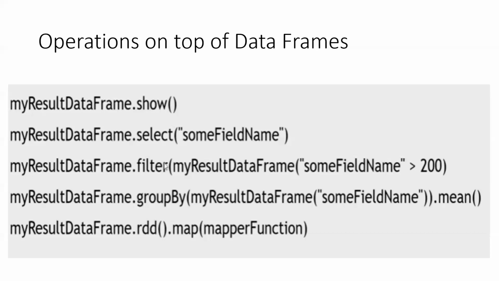The similar kind of concept is there from the functional point of view, but the coding syntax is a bit different. If you remember, over there we do group by on a particular column, and then we do a mean operation. It's a similar kind of syntax, but a bit different. This is distributed in nature.